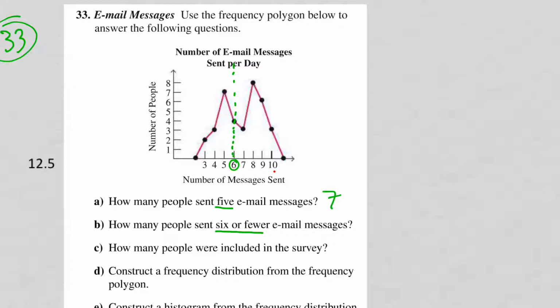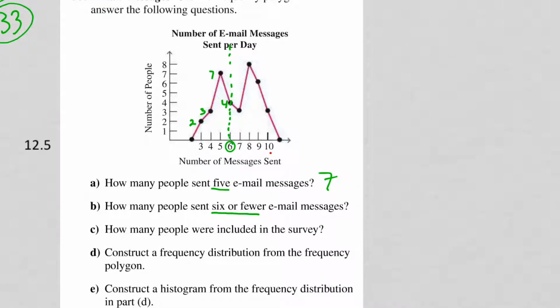Okay, so we have 2, 3, 7, and 4. So 2 plus 3 plus 7 plus 4, that's going to equal 16.